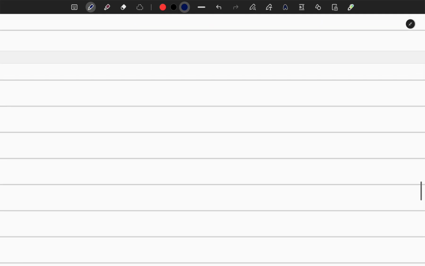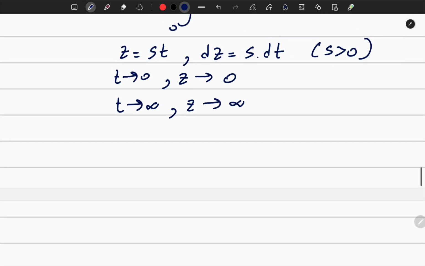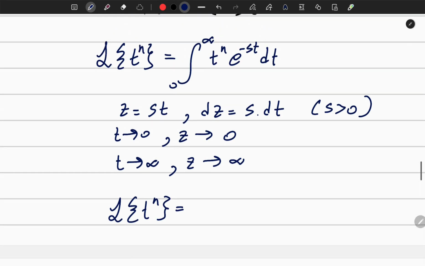Now I'm going to plug these values in. The Laplace transformation of t to the n equals the integral from 0 to infinity. Now there is no t: it is (z over s) to the n times e to the minus z, and dt is dz over s, right?